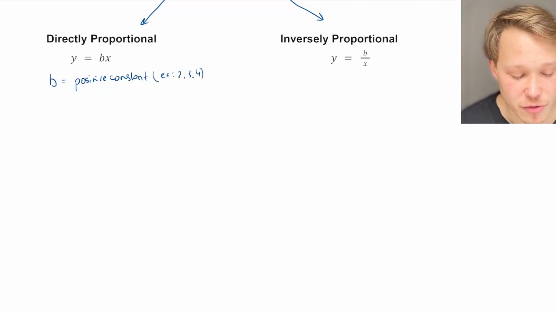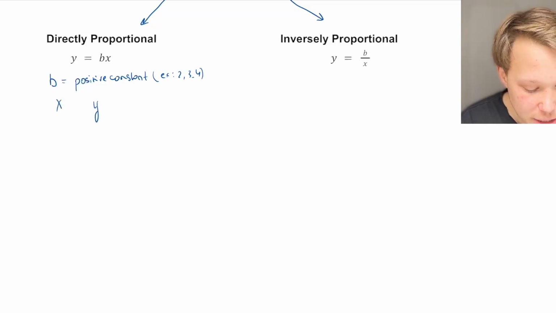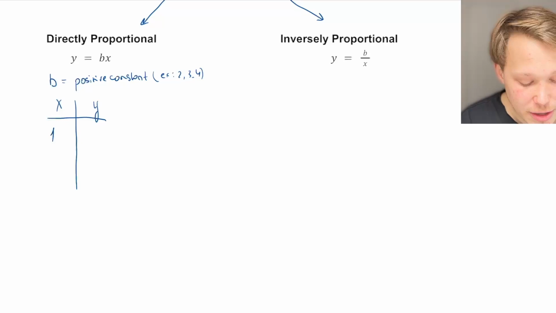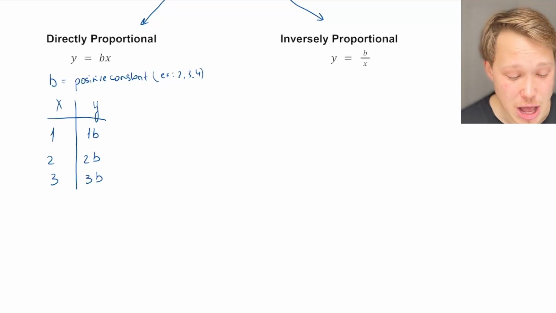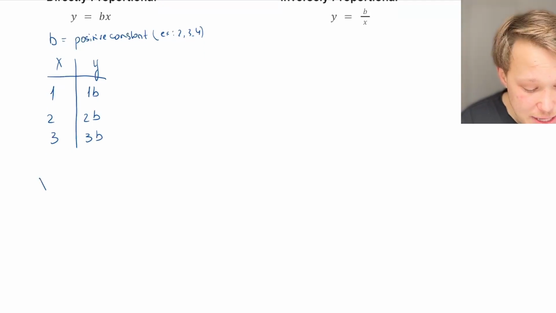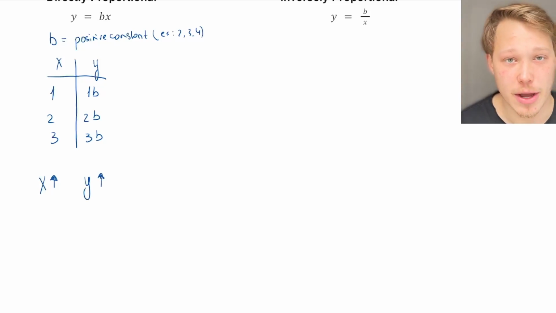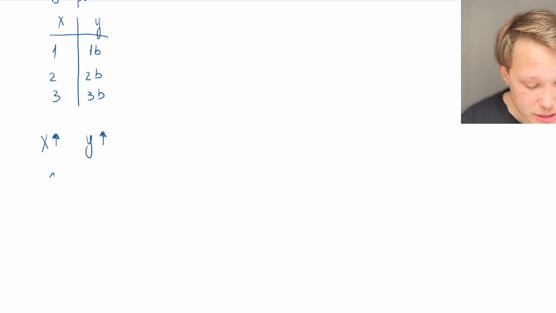Just any positive number. So as I plug in different quantities for x, for example, 1 for x, y will be 1b. If I plug in 2 for x, y will be 2b. If I plug in 3, y will be 3b, etc. So as you can see, as x goes up, y also increases. Graphically, it will look something like this.